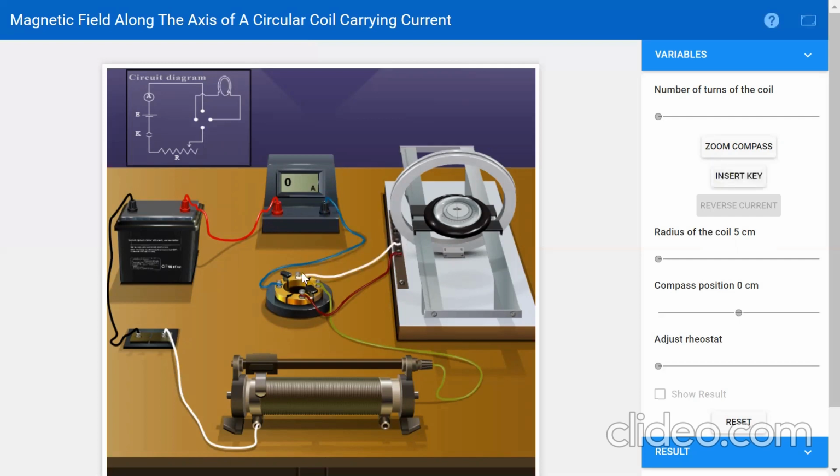One end of the commutator is connected to the battery. Now the circuit is completed. Insert the key.